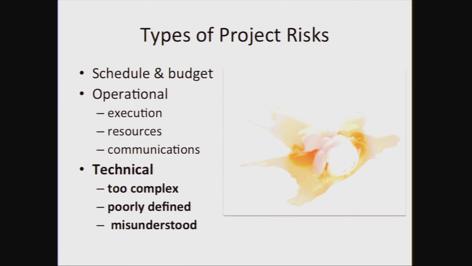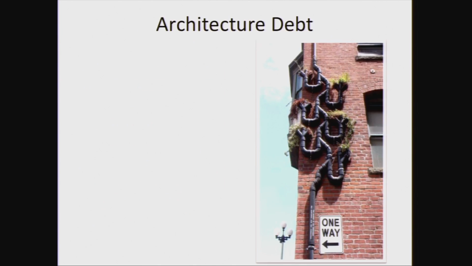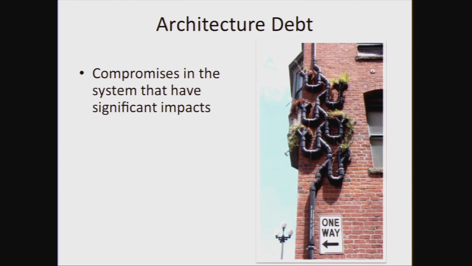There's a lot of different types of project risks, but I'm going to focus on technical risks where things are too complicated, poorly defined, or misunderstood, because they can screw you up. Now, we've heard about technical debt, but architectural debt, and I think Grady Booch coined this term, is compromises that are very expensive to reverse.